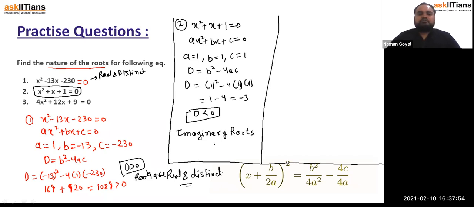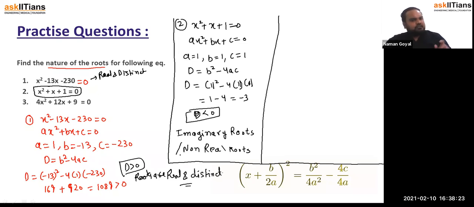So imaginary roots is for the second equation. In the second question, it is given that the roots of this quadratic equation are imaginary, or we can say non-real roots. Any doubt? Okay, simple, very simple.